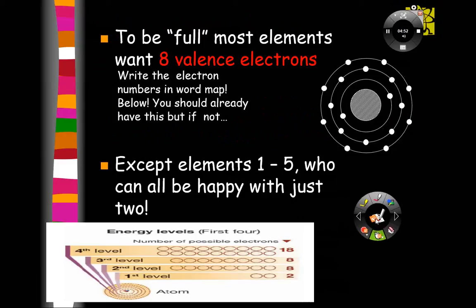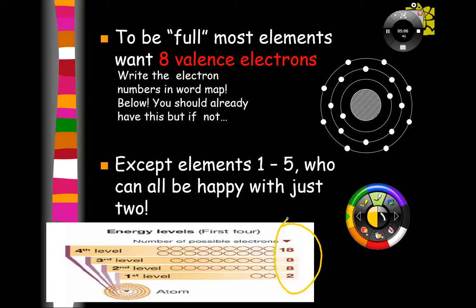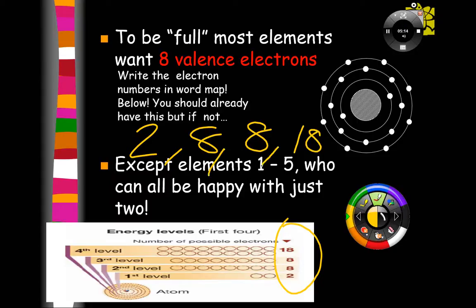Let's get on a little bit further. Remember, they either want 2, 8, 8, or 18, based on these magical numbers that we wrote also on our periodic table, or in our word map. These are the magic numbers. 2, 8, 8, 18. First energy level can hold 2 electrons.